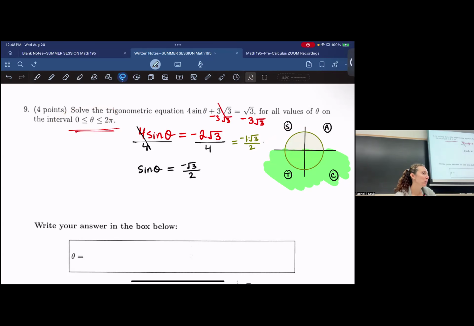Square root of 3 over 2. What special angle gives us that when we take the sine of it? Pi over 3, exactly. So our reference angle is going to be some form of pi over 3, which means that's 60 degrees.